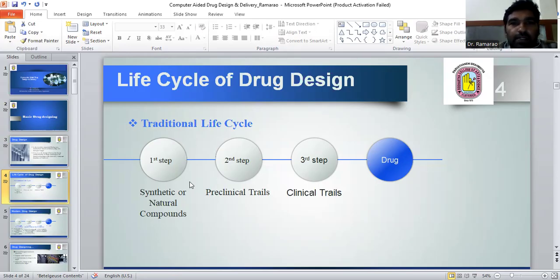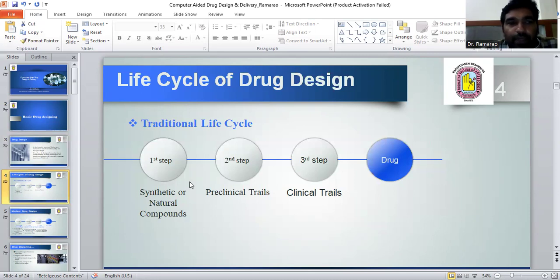Out of these 10,000, almost 250 compounds are screened in preclinical studies. Among them, 5 compounds are selected for clinical trials, stages 1 to 4. Out of 5, only one drug is approved by the FDA.